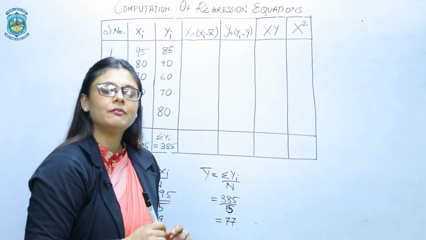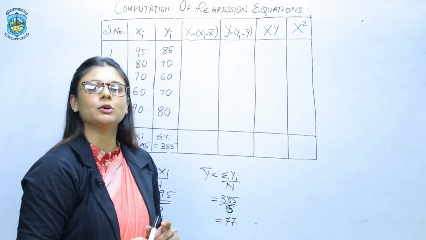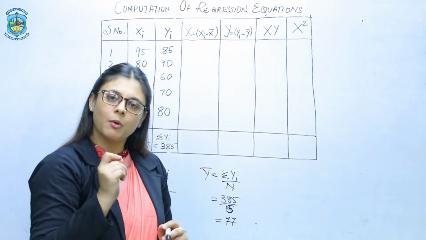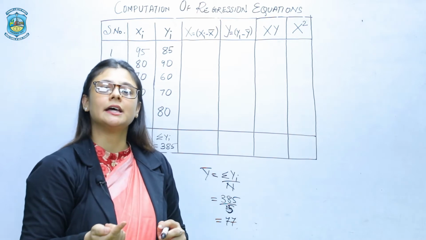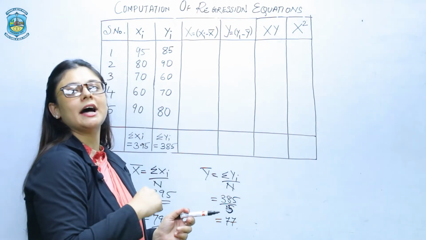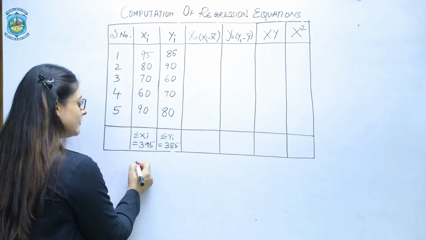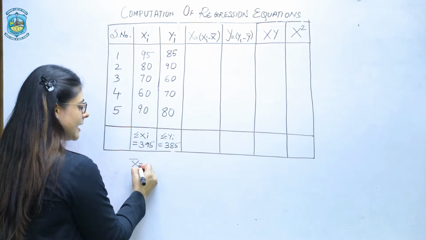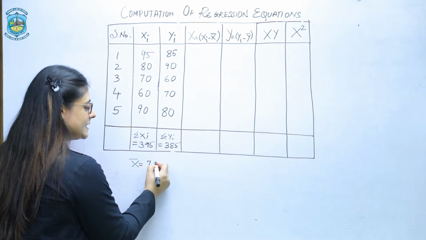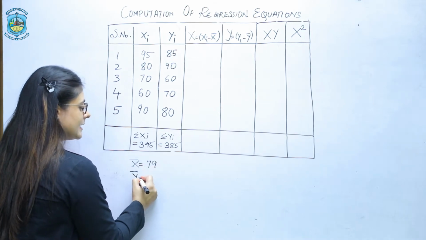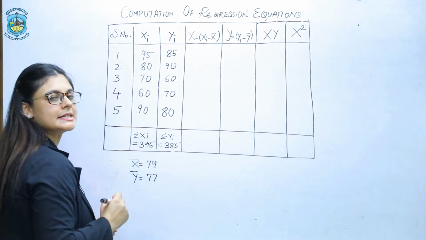A tip here: whenever you are watching such videos, always take a moment, pause the video, calculate yourself and then cross-check the values that the video is giving you. Step 2. Here we have got the means. X bar is equal to 79 and y bar is equal to 77.